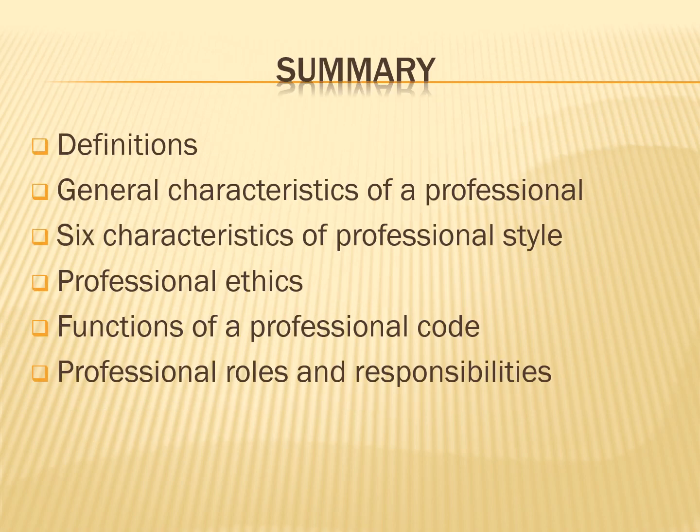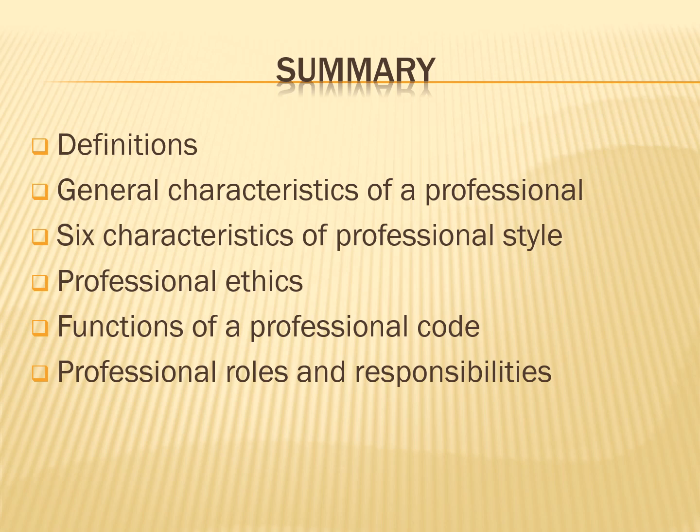So in this presentation, we have learnt about the definitions of what is a profession, what is ethics, what is personal ethics, and what is professional ethics. And you also learnt about the general characteristics of a professional.